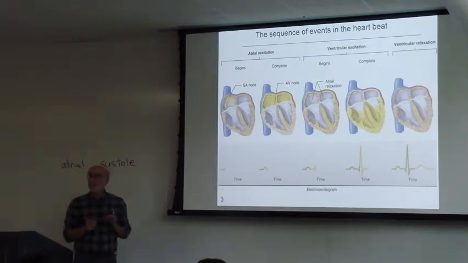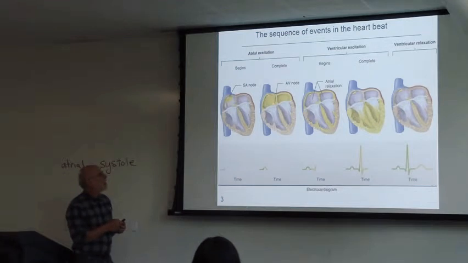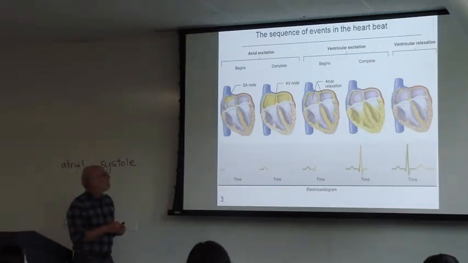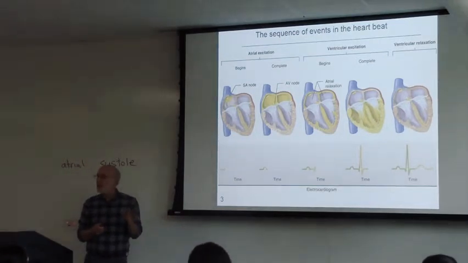It's another very small structure, you can't see it on the heart unless we do microscopic anatomy. It's in the right atrium, but towards the base of the right atrium. So there is this thing called the AV node, and I'll explain later what that does.